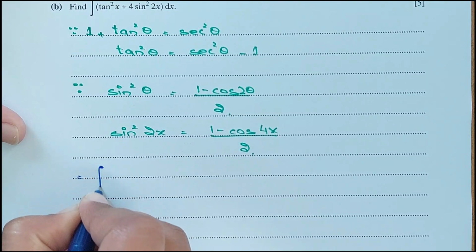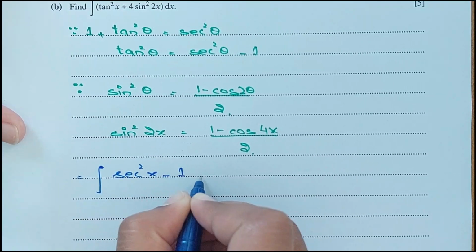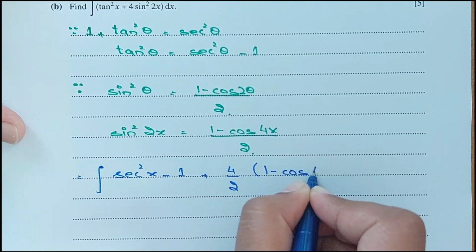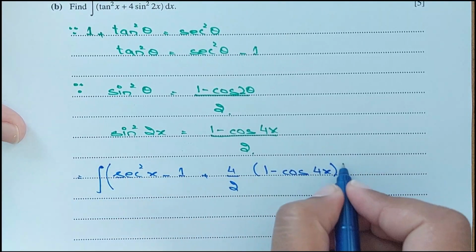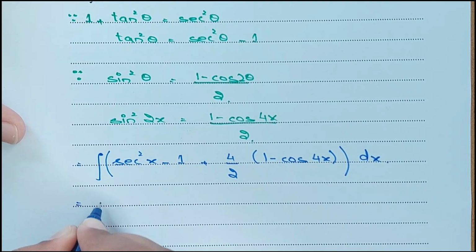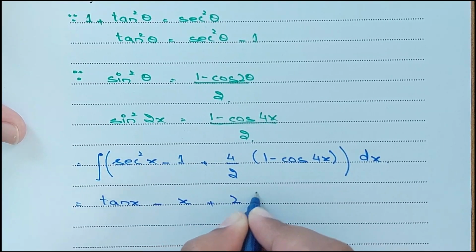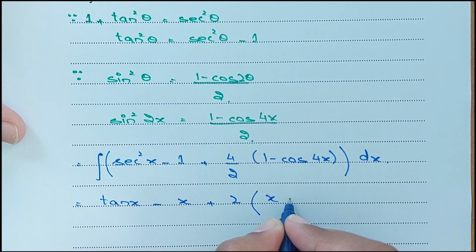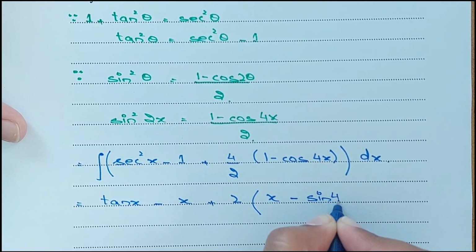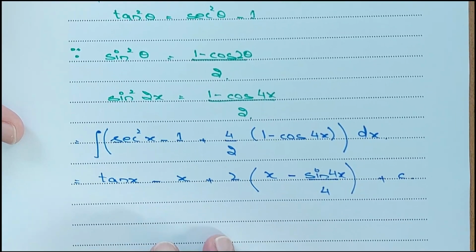So we have the integral of sec square x minus 1 plus 4 by 2 into (1 minus cos 4x) with respect to x. Okay, the integration of sec square x is tan x minus x plus 2, integration is x. The integration of cos is sin 4x over 4 plus some constant of integration, right?